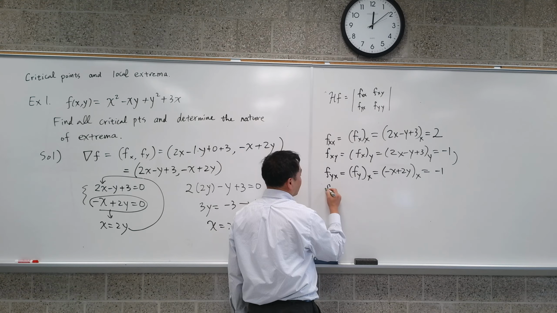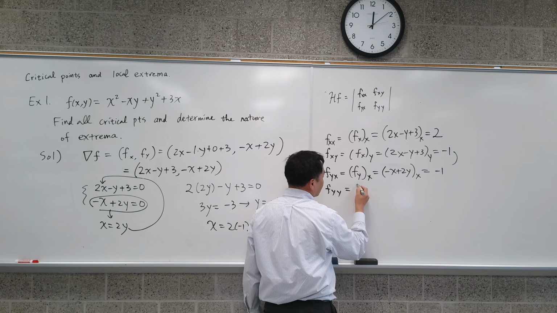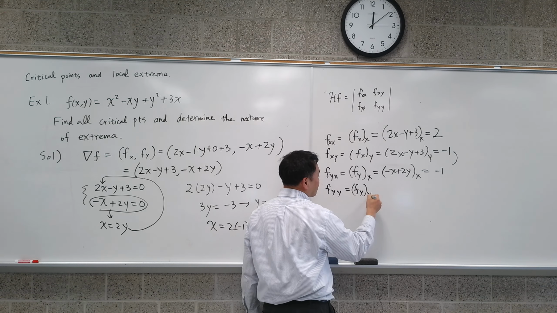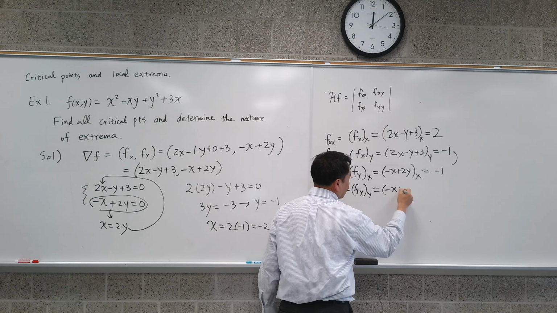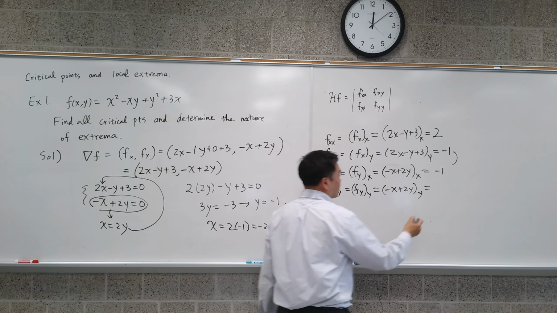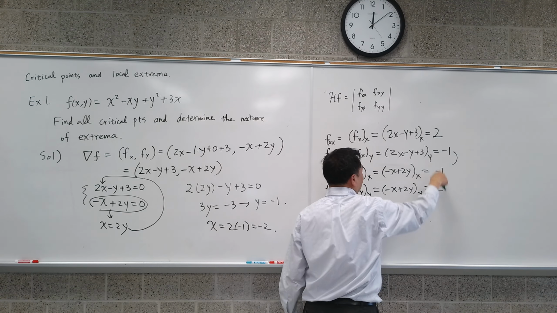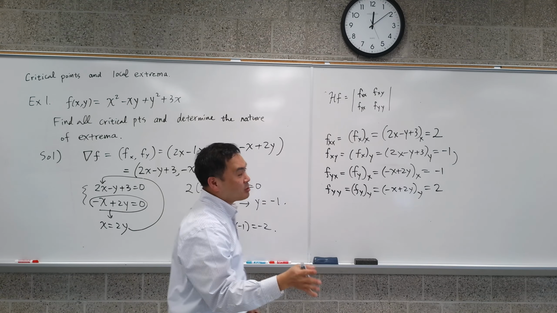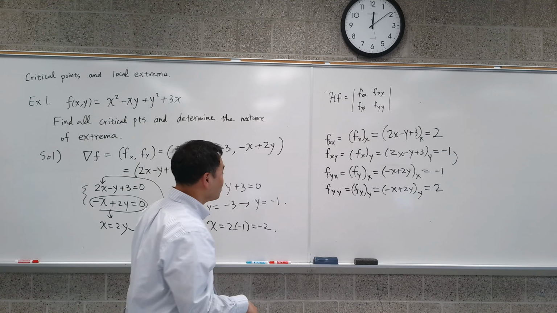Fyy would be taking fy and differentiating another time by y. So what do you get? You get 2. Somehow these two are the same too, but that's just coincidence. In many cases, they're not the same. Usually they're not the same.